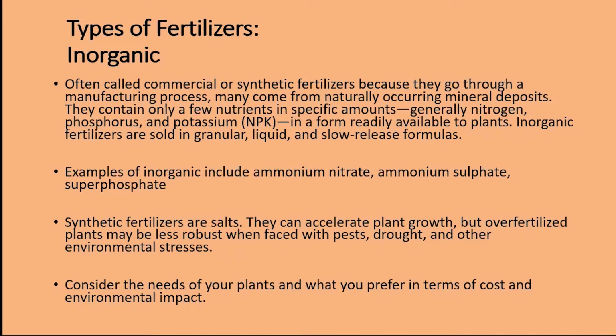Usually a bag of fertilizer will contain the three macronutrients, nitrogen, phosphorus, and potassium, in various ratios and strengths. You'll see three numbers, and you'll know the level of concentration of each by those three numbers: nitrogen first, phosphorus second, and potassium third. These can be purchased in a granular or liquid or a slow release formula. Some examples might be ammonium nitrate, ammonium sulfate, as well as superphosphate.